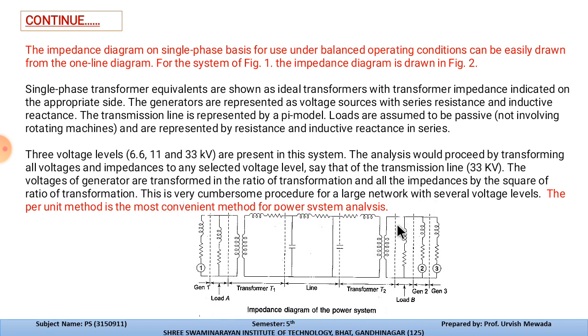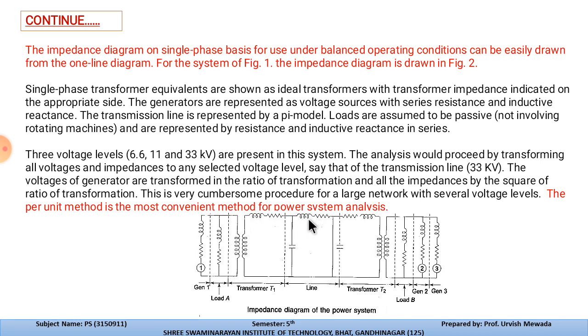So this is the impedance diagram of the previous network that we showed in the previous slide. Single phase transformer equivalents are shown as ideal transformers with transformer impedance indicated on the appropriate side. This is the transmission line, this is the transformer, and for this transformer we have drawn the line impedances over here.